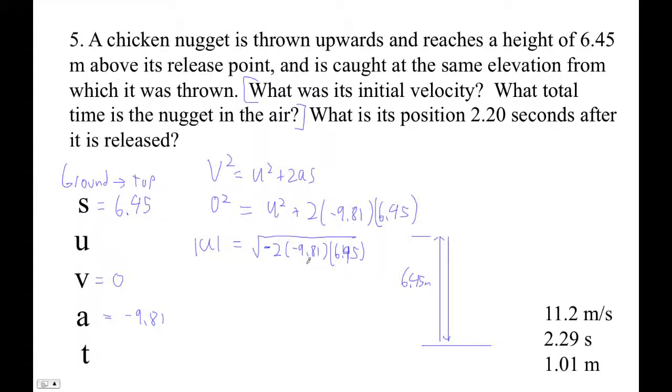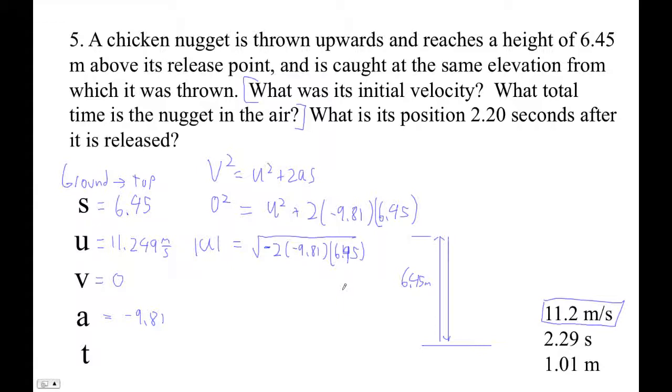So 2 times 9.81 times 6.45, that's 11.249. So 11.2 is correct. 11.249 meters per second, unrounded, right?